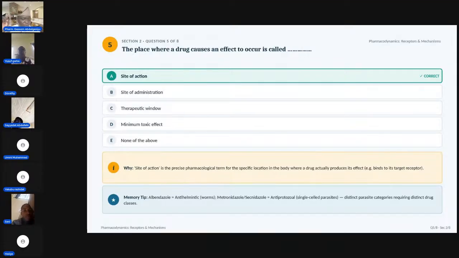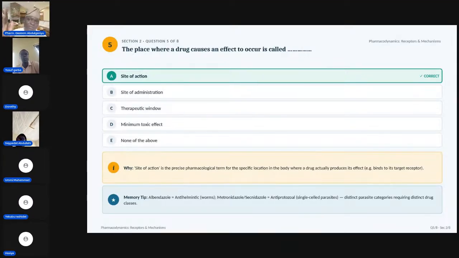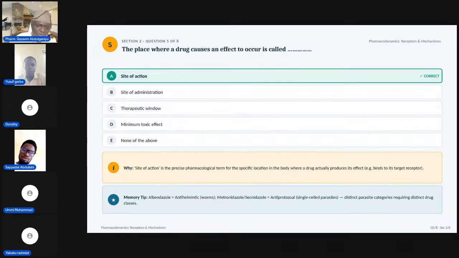The therapeutic window has to do with the difference between the lethal dose in 50% of the population and the effective dose, the minimum toxic effect. No. So the site of action is where it gives an effect. Somebody is having pain in the leg and the person has taken paracetamol. The paracetamol will be absorbed and then distributed to the site of action, where it will give reduced pain.